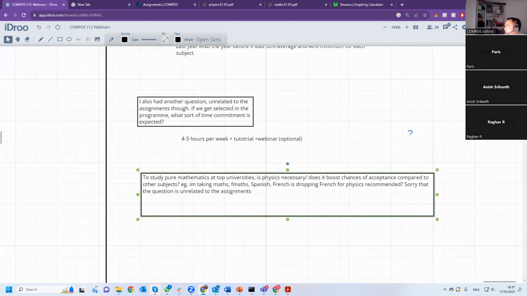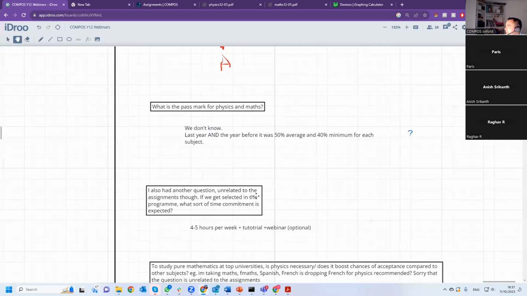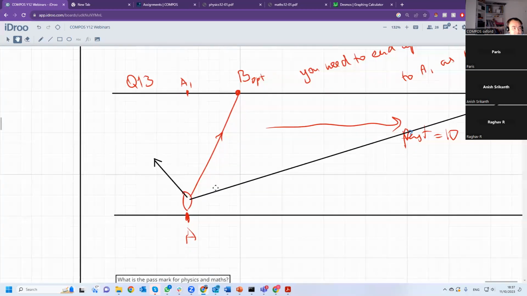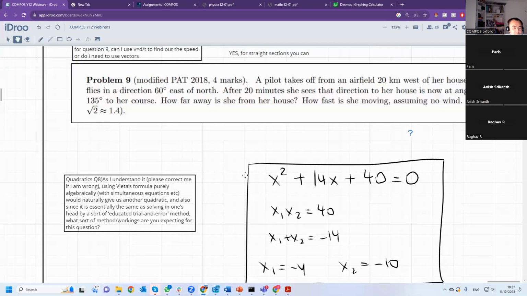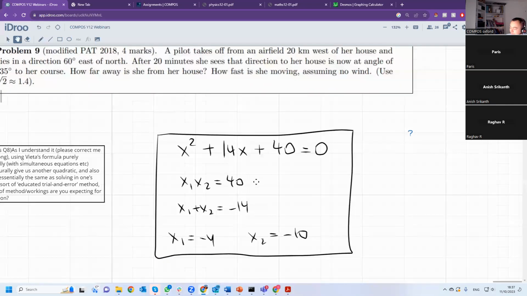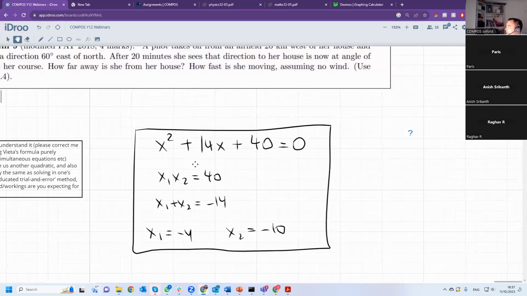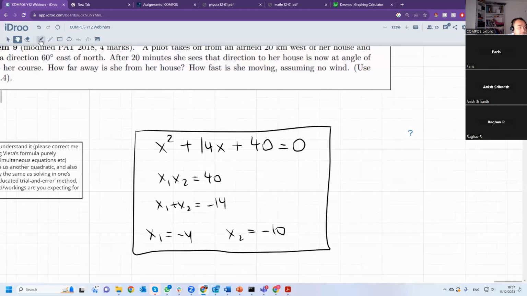Aren't x1 plus... that would be embarrassing. No, because if you do +4, so 4 squared plus 14 times 4 plus 40, without even calculating, I will tell you that's not 0 because these are positive numbers.